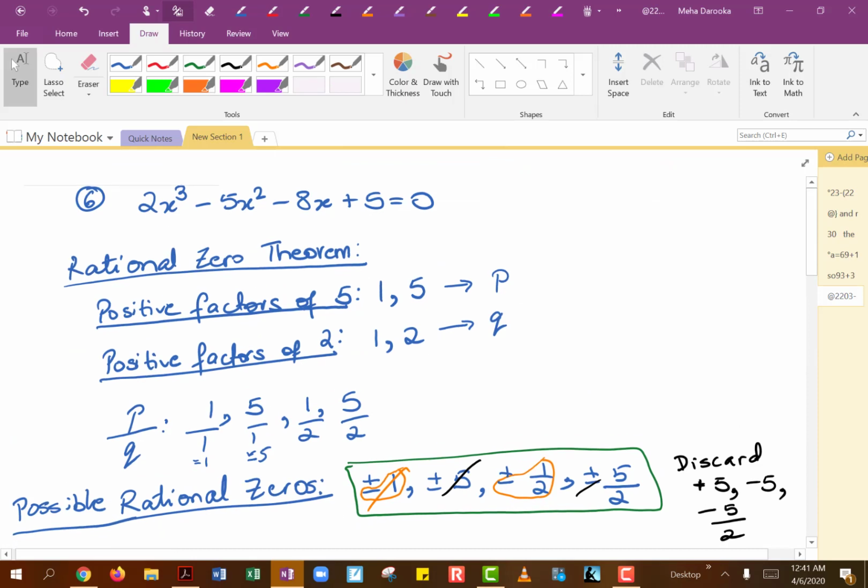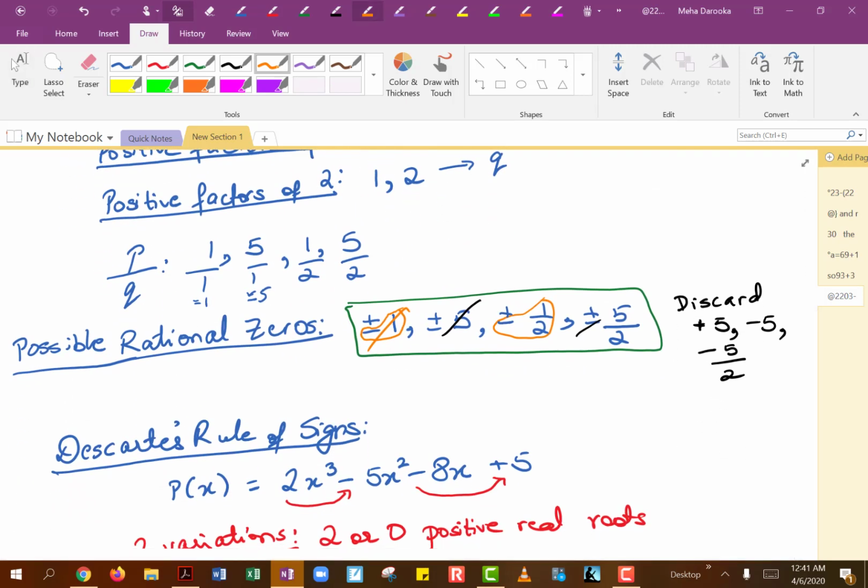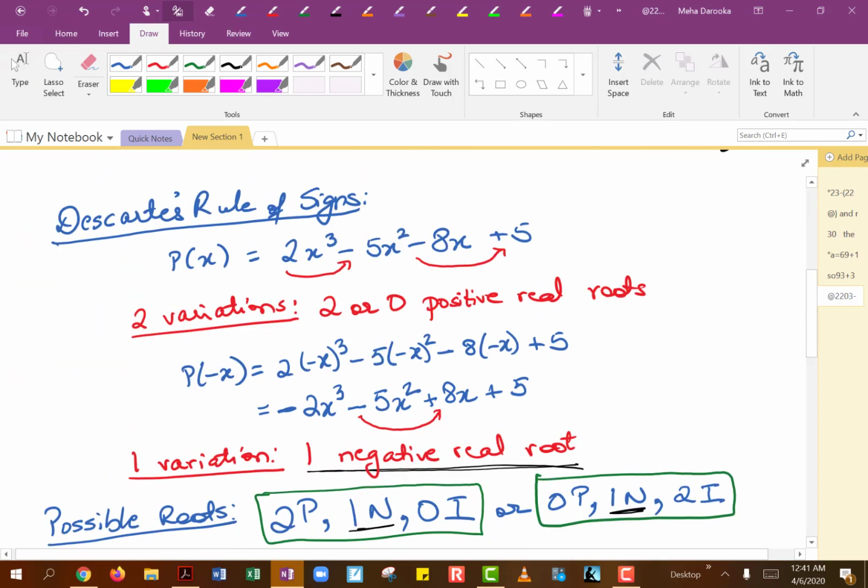So interestingly enough, negative 1/2 is also not a solution for our polynomial. So we still have positive 1, positive 5/2, positive 1/2 and positive 5/2 left to check.